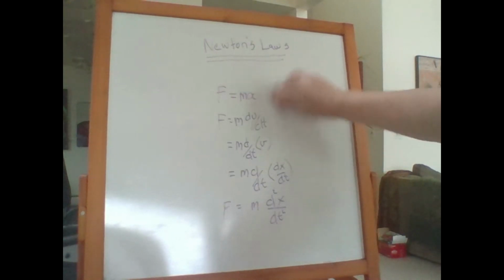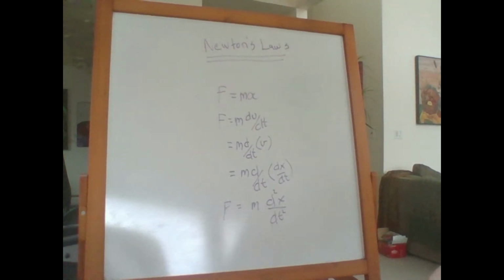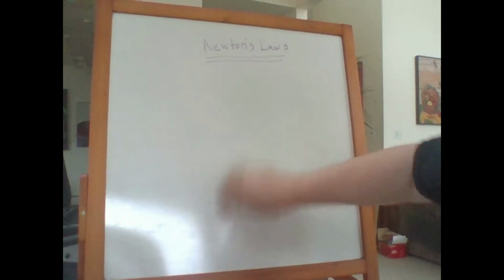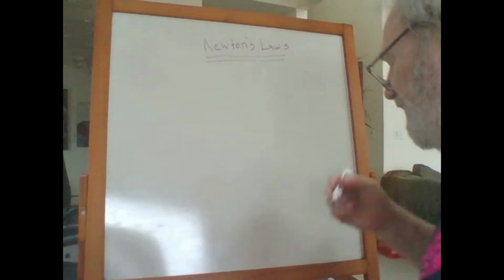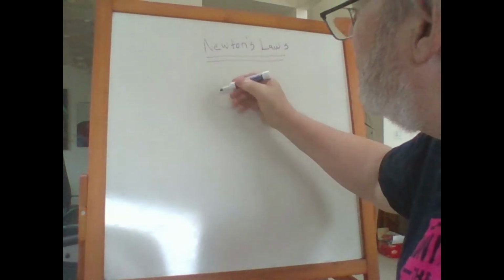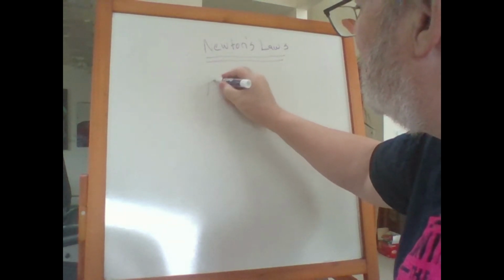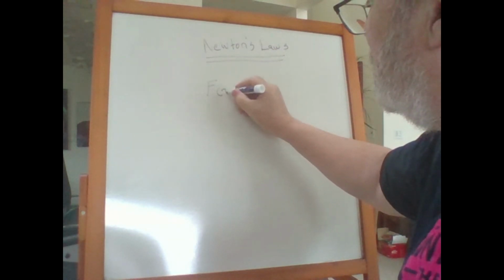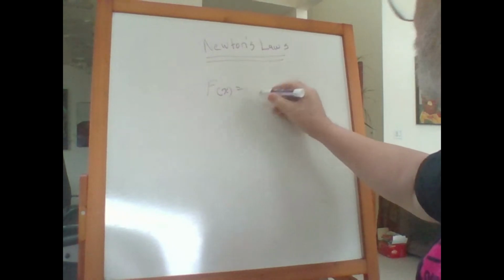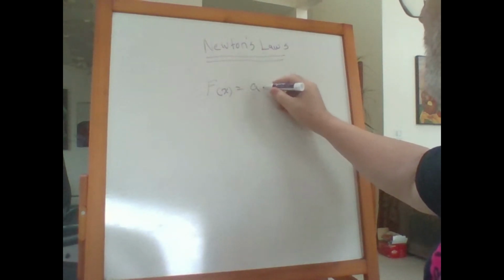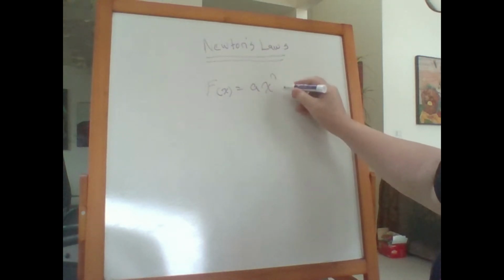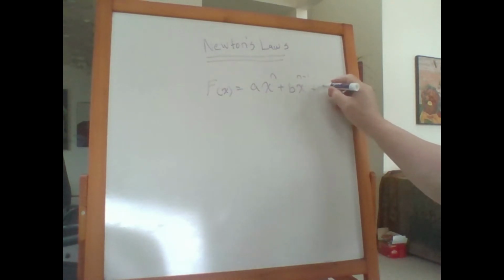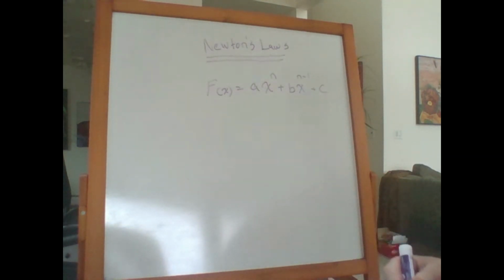So one thing that we should be aware of, we have looked at some interpretations of derivatives. If we have a function f of x equals, let's say, a x to the n plus b x to the n minus 1 plus c, something like that.